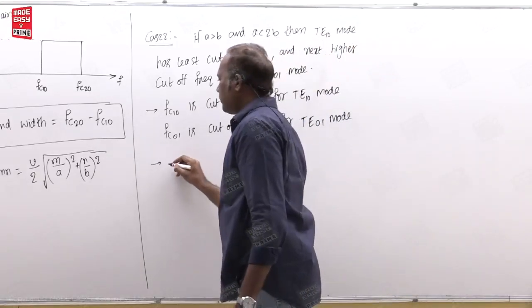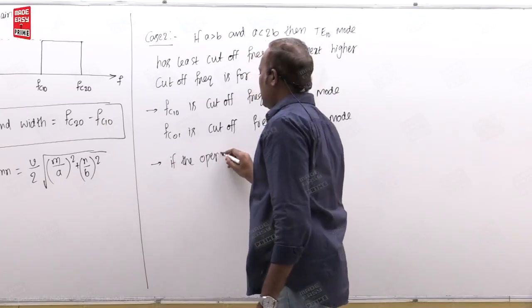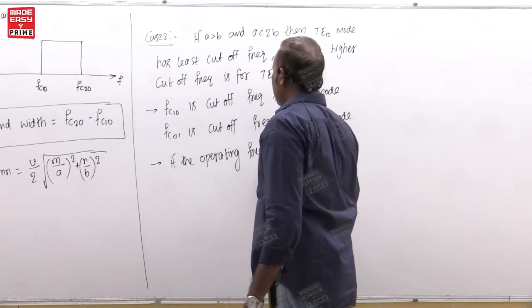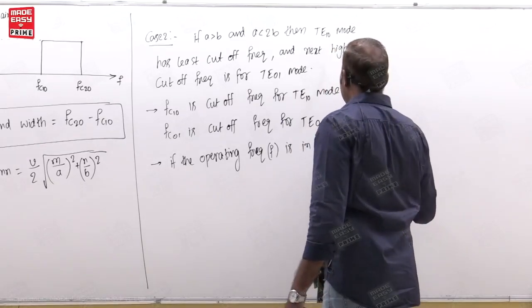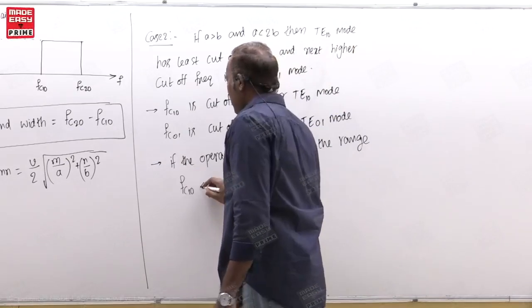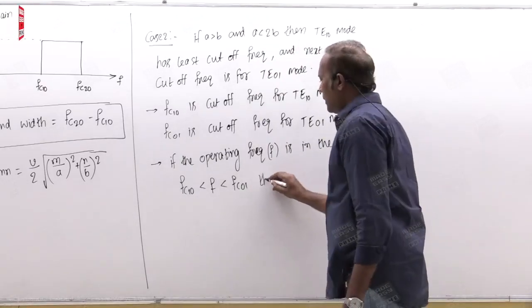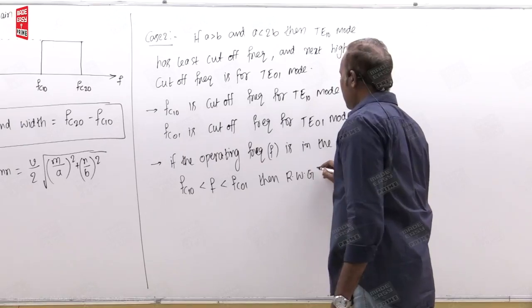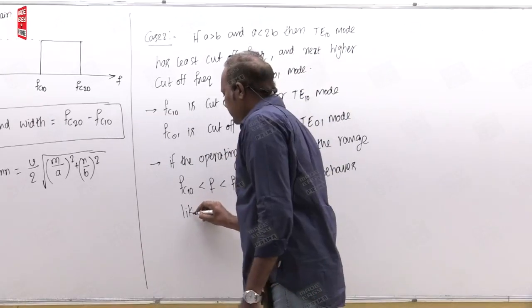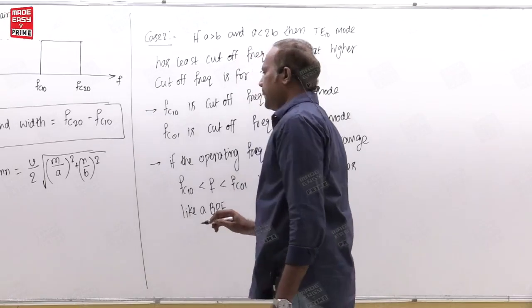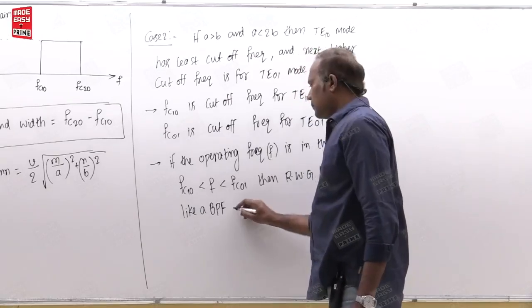Next, if the operating frequency F is in the range FC10 less than F less than FC01, then rectangular waveguide behaves like a band pass filter for this frequency range.